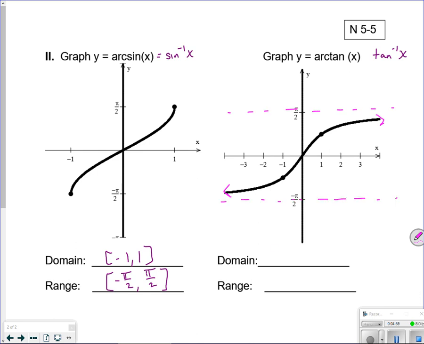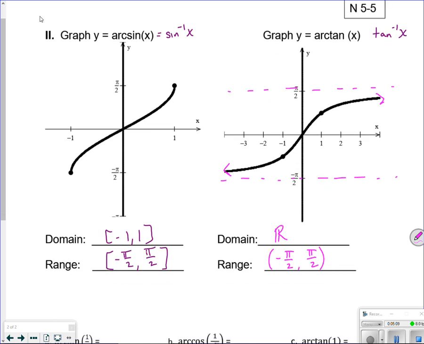So with this one, the domain is all reals. The range looks close, but notice I don't have a dot on the pi over 2's, so those are open parentheses. So for both of these functions, if I drew my little circle here, I would shade here. Now this is what's weird.